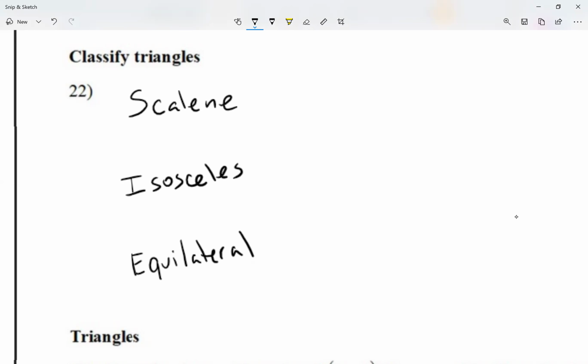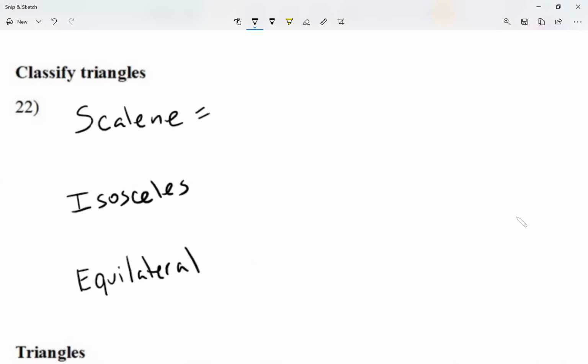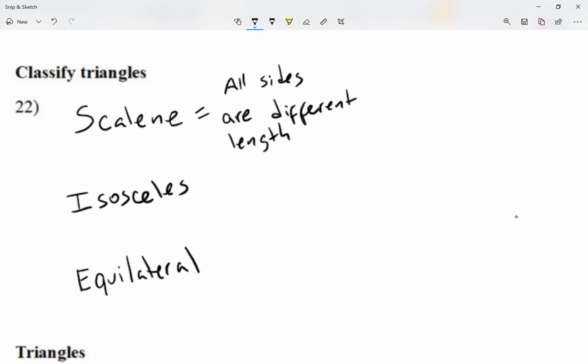For scalene, what's a scalene triangle? All sides are different length. Okay, all sides are different length.